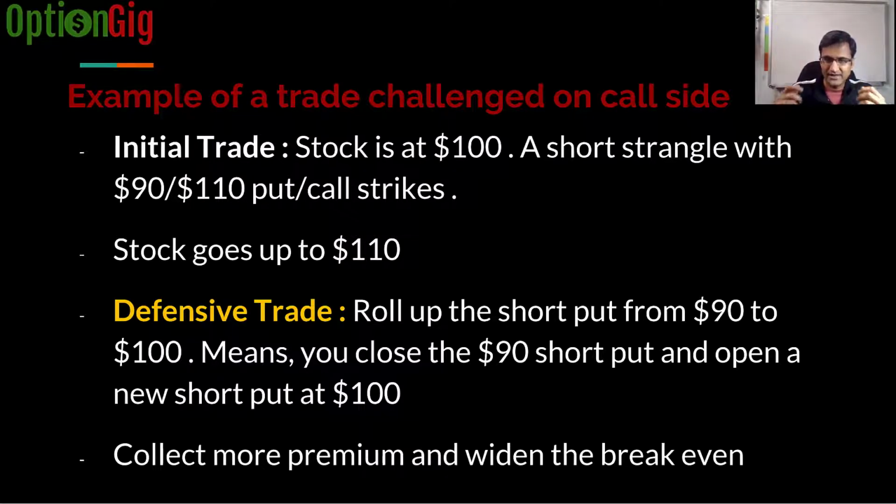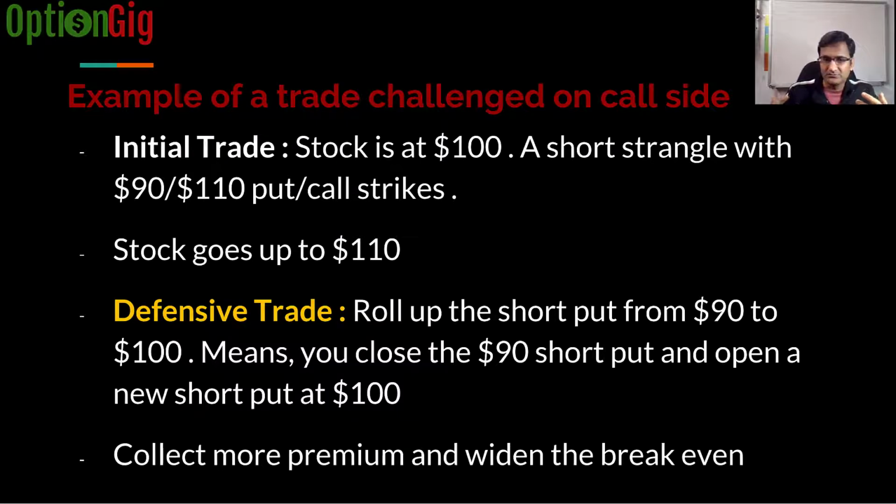Same concept, additional credit means you widen your break-even point, you get a little more buffer, same number of contracts, so no additional risk you've added onto your trade, but without adding any additional risk, you collect a little more premium, which widens your break-even and gives you more chance to be successful.